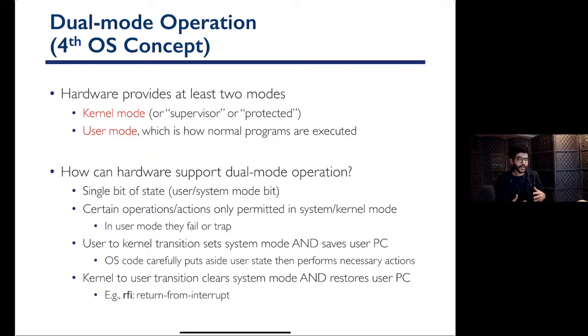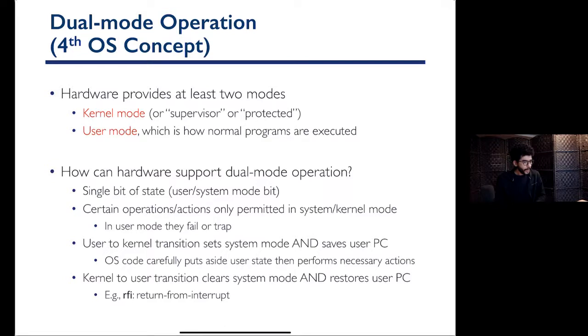So we rely on hardware giving us dual mode operation for performance, so that we can safely give the user code access to run on the processor by just setting this bit to 0, and be sure that no unauthorized instruction is going to be executed.